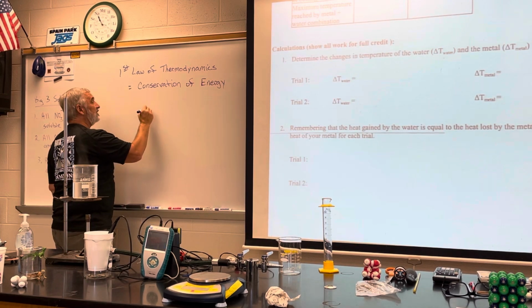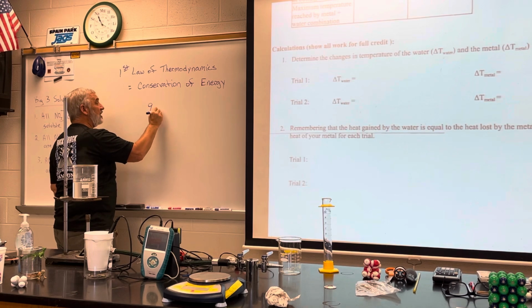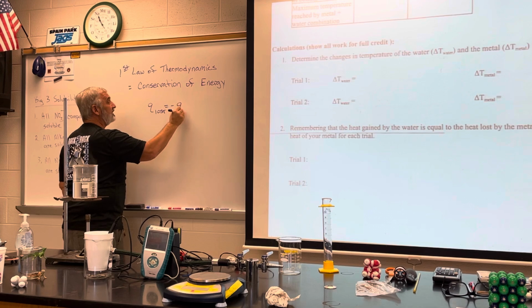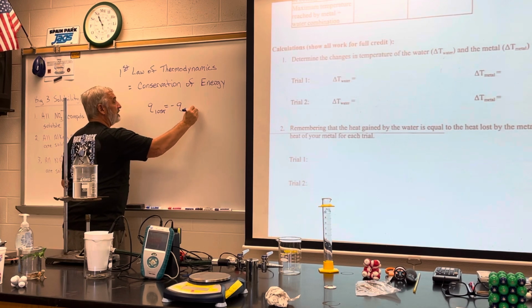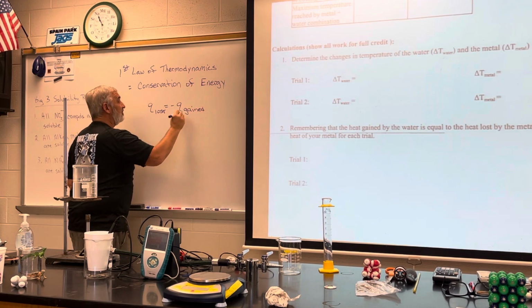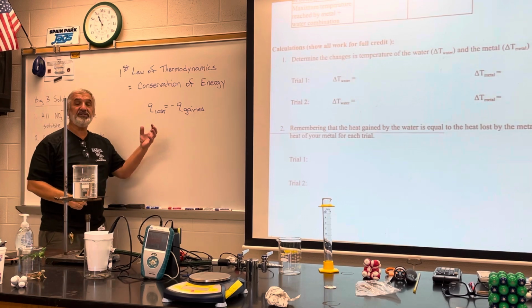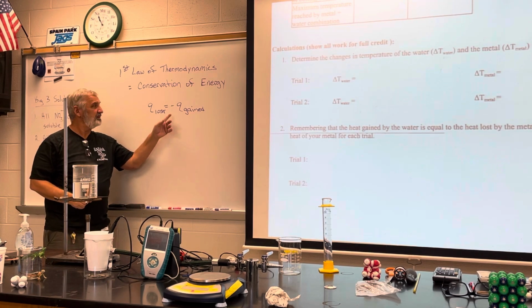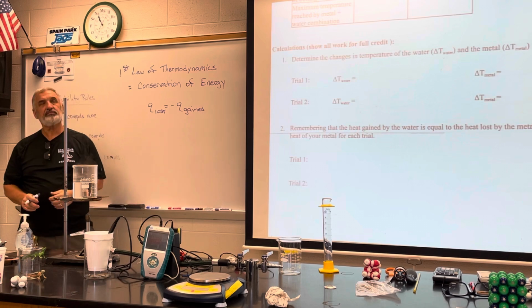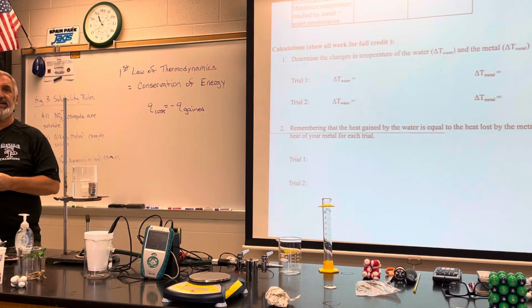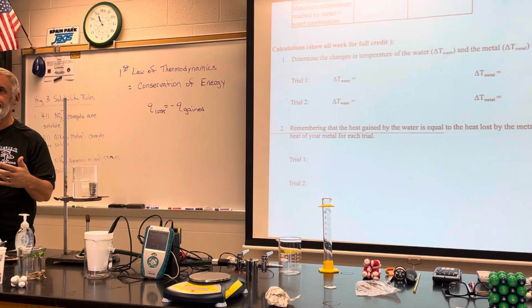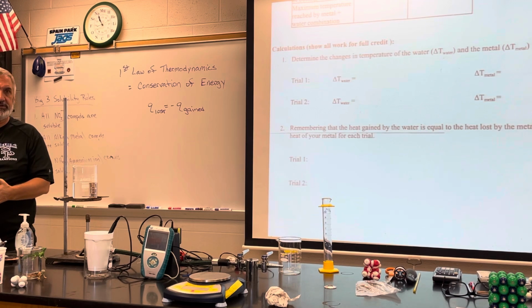Mathematically, we're going to say that the Q lost by the copper is going to equal the negative of the Q gained by the water. Q lost is always equal to negative Q gained. Now, what does the sign mean? The sign simply means the direction of the heat flow. You don't have negative energy.